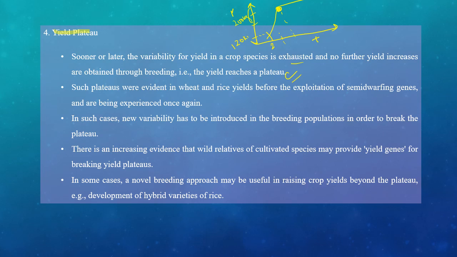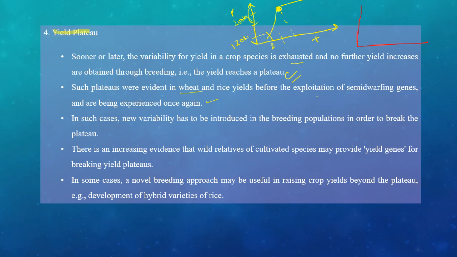Such plateaus were evident in the case of wheat and rice, before the exploitation of the semi-dwarf genes. Before we incorporated the semi-dwarf gene, we saw such plateaus, that is, yields were not increasing. The graph will be like this.